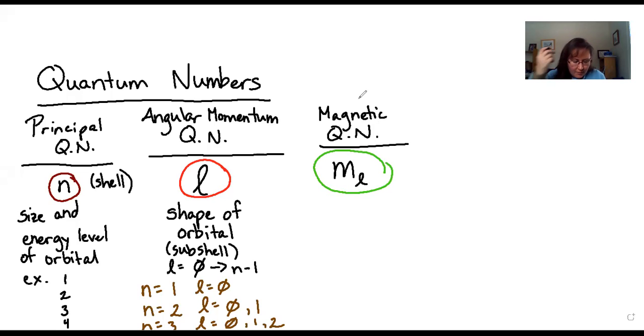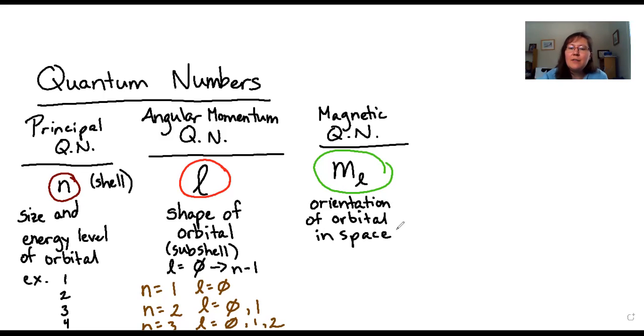The M sub L, or the magnetic quantum number, describes the orientation of our orbital in space. So it's kind of like, is it on the x-axis or is it on the y-axis? When we get to the pictures, I'll show you that in a minute.